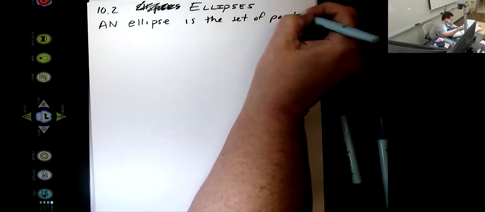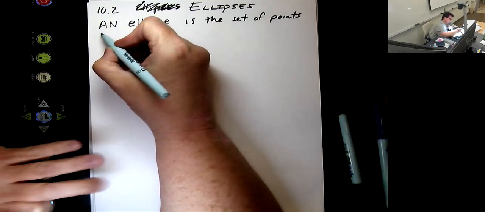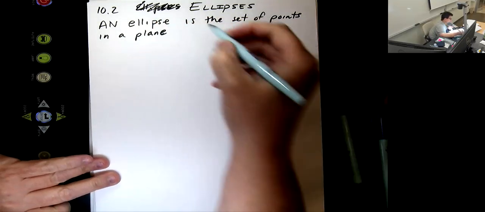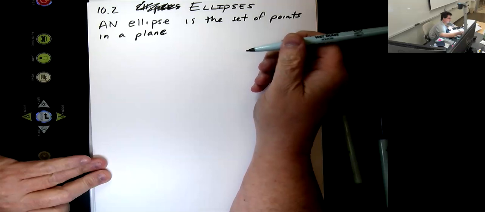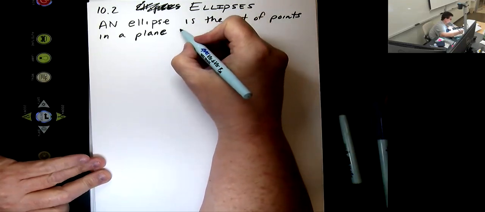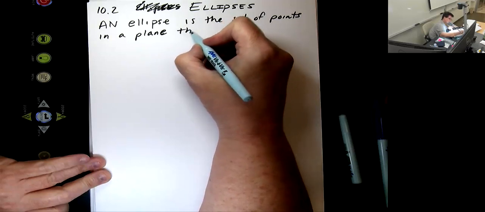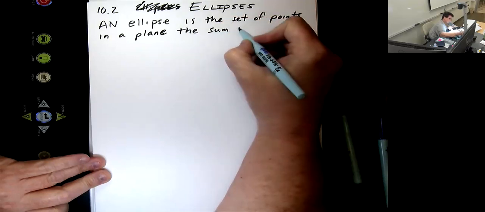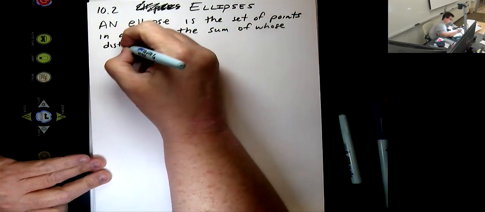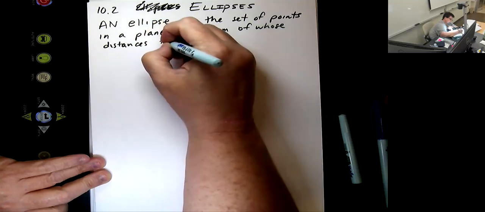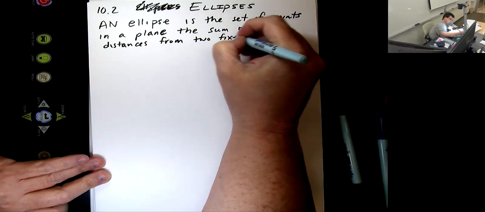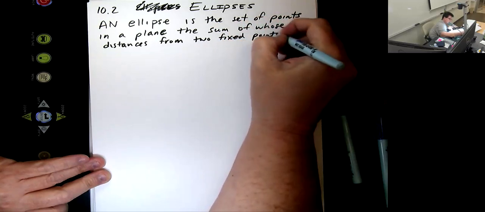We start off with a similar definition as the other one. And we do talk about distance in the definition. But here it's the set of points in a plane, the sum of whose distances from two fixed points is constant.